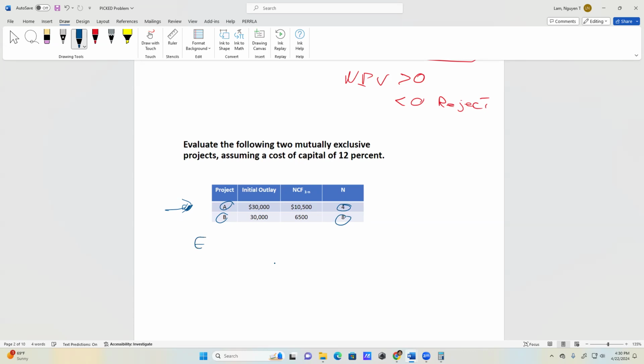Probably have to look at the EAA. Like I said before, it requires the NPV to do the EAA. And if you have the NPV, you put it as the present value on your calculator and compute the payment on your calculator, right?